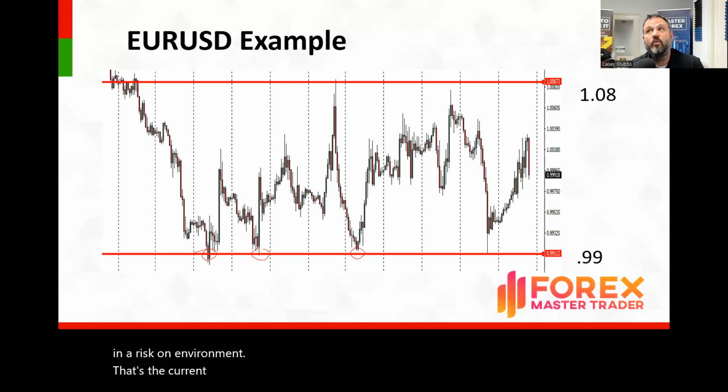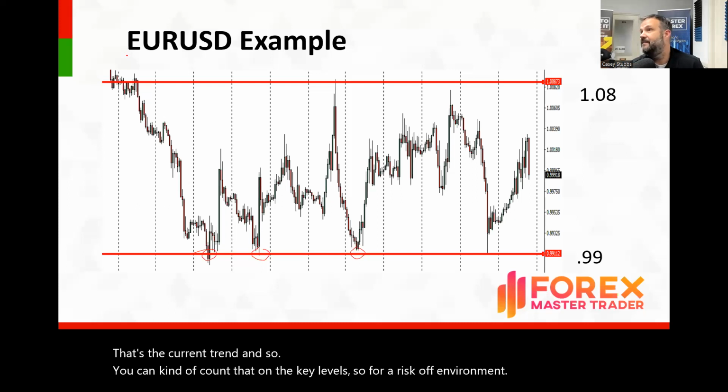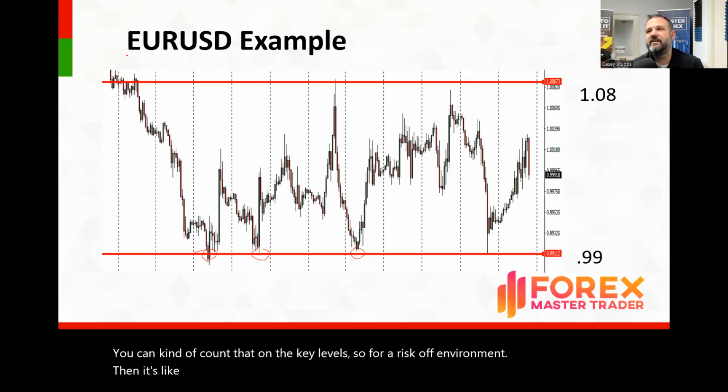And so you can kind of count on that on the key levels. For a risk off environment, okay, that's the current trend, that's the market sentiment, and those levels will usually go the other direction.